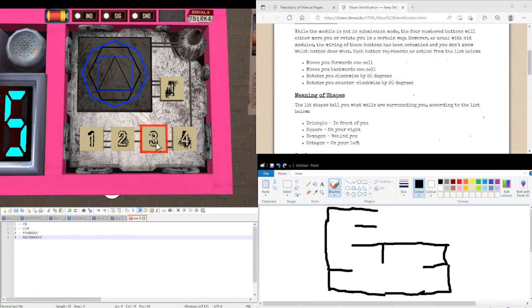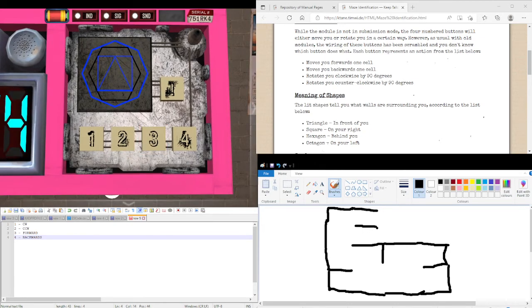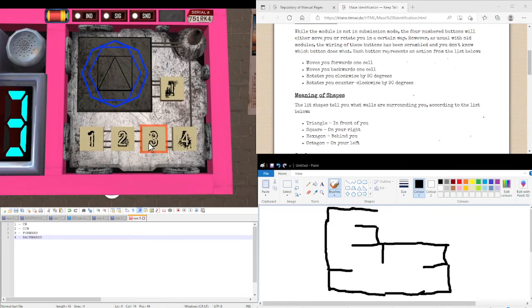Turn around. Walk forwards. Turn counterclockwise. Walk forwards. Counterclockwise, walk forwards. And yes, we have three walls. So here's our next exit of this part. So we now have the left.